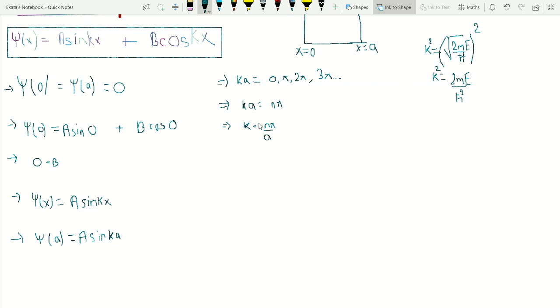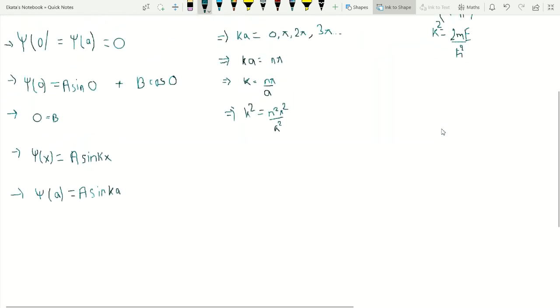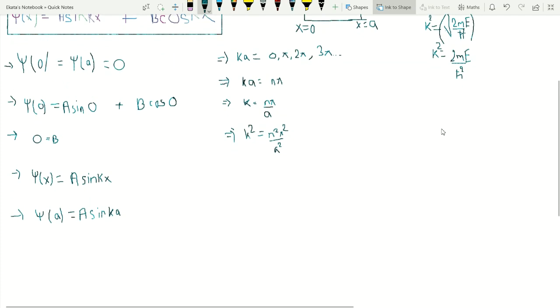Squaring both sides, what we will get is that k squared is equal to n squared pi squared divided by a squared. Now we are putting the value of k squared in this equation.